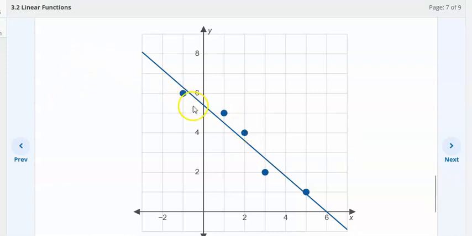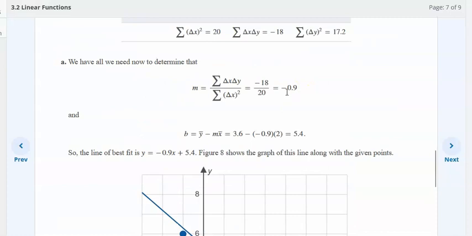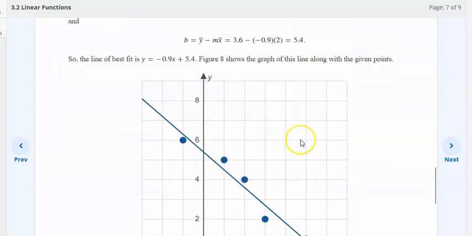And plotting that, this is our y-intercept here, going up, we're saying is 5.4, right about there, over 1, going up 0.9.